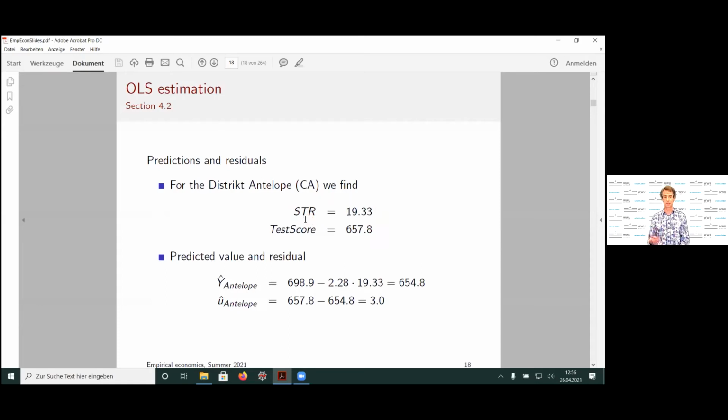We can also compute the predicted value for Antelope using the regression line. So we use the estimated intercept, 698.9, minus the slope, 2.28, times the class size, the x_i in this case. And we find that if we really calculate this, the predicted value for this school district is 654.8.